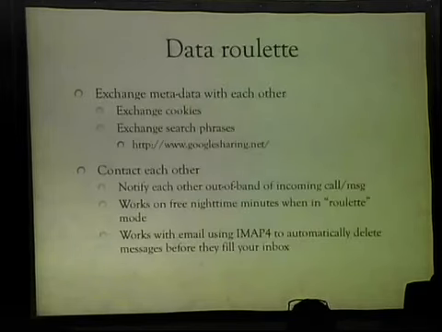There's this tool from, I think maybe it's Moxie Marlinspike, I forget who does it, called googlesharing.net. What that tool does is when you do a search, instead of doing a search via your cookies, it sends a search to some other user of this product doing that search from their cookies. So if you want to search for ricin or bombs or something, it'll be searching using other people's cookies. And likewise, their searches will go through your system.